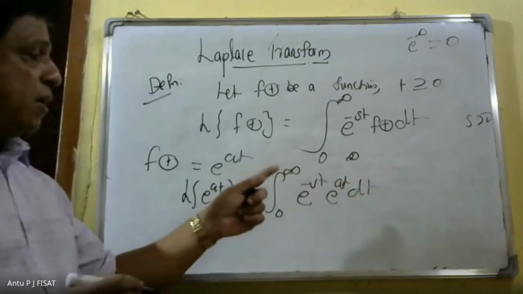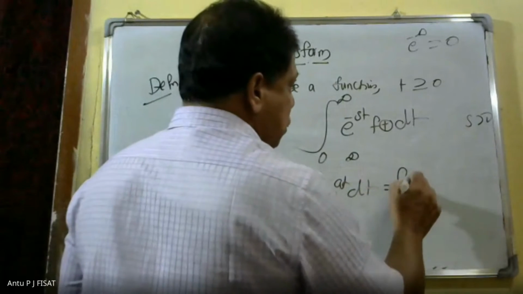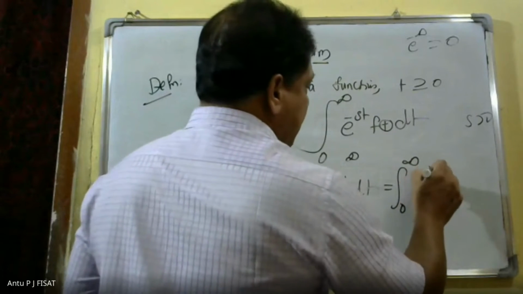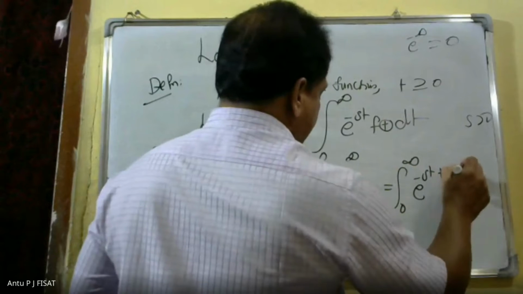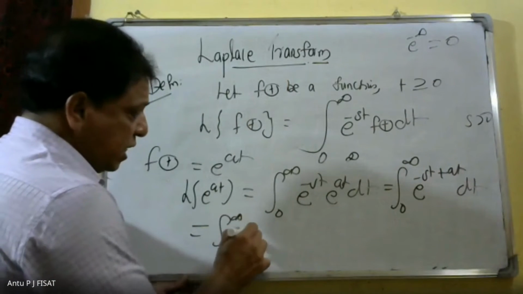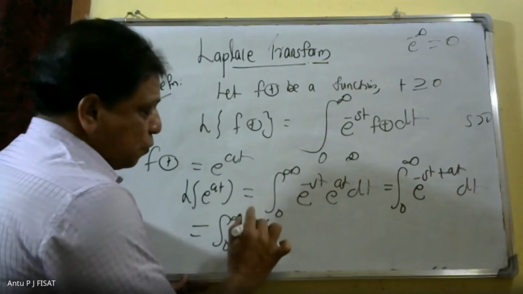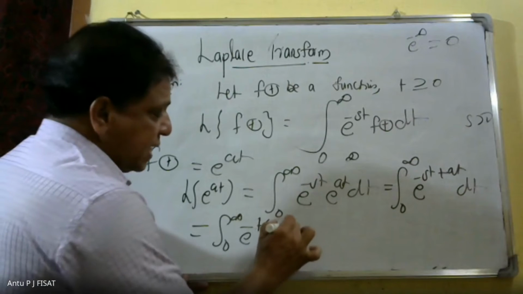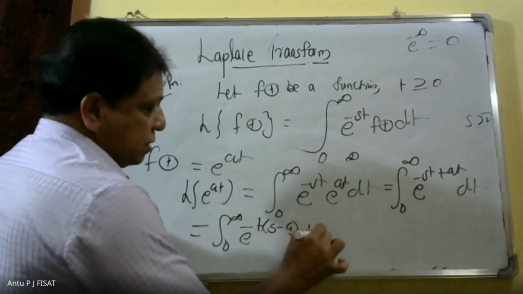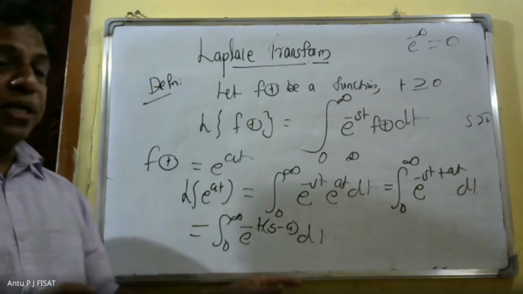We multiply the given function by e raised to minus st. This can be arranged as the integral from 0 to infinity of e raised to minus st plus at dt. We can take minus t outside, therefore s minus a into dt.